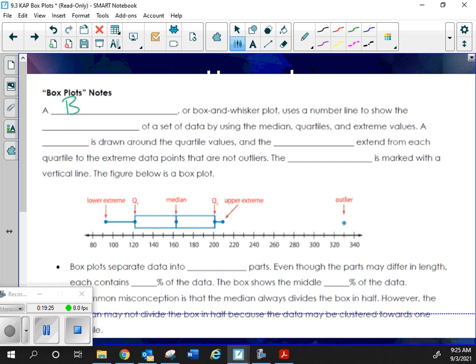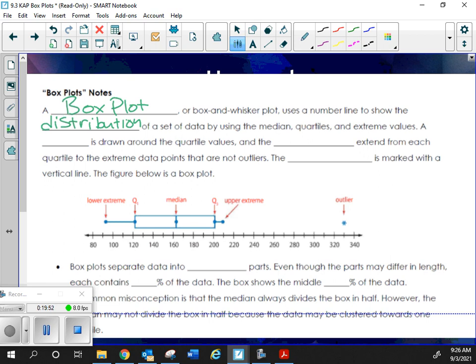Box plot, or a box and whisker, it's the same thing. Uses a number line to show the summary, distribution, whatever you want to put. Distribution or summary, I like summary too. Of a set of data by using the median, quartiles, and extreme values. What is drawn around the quartile values?